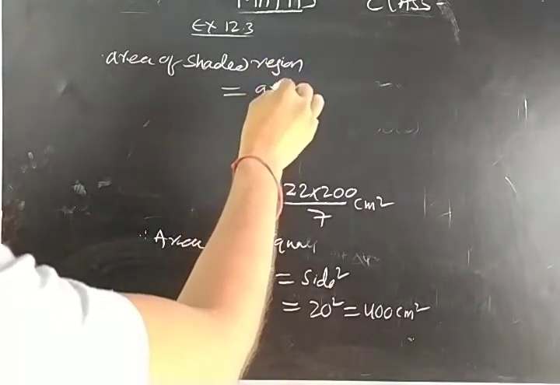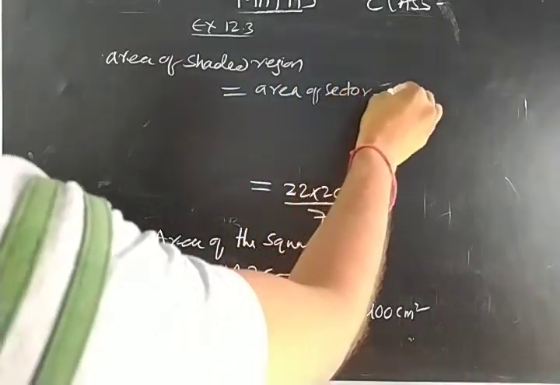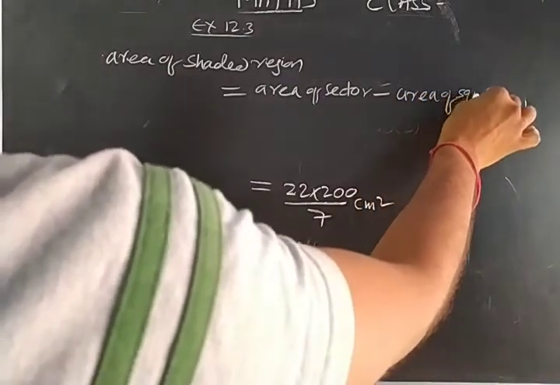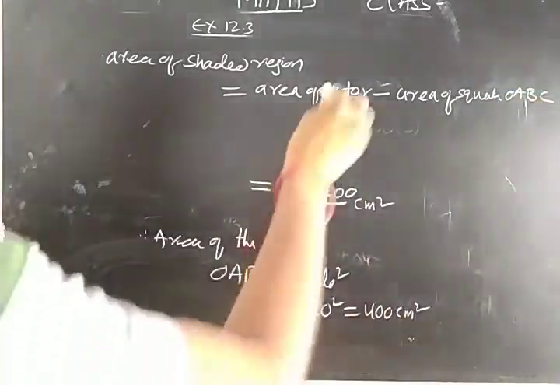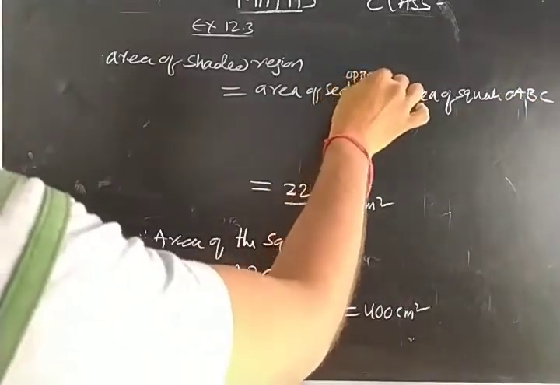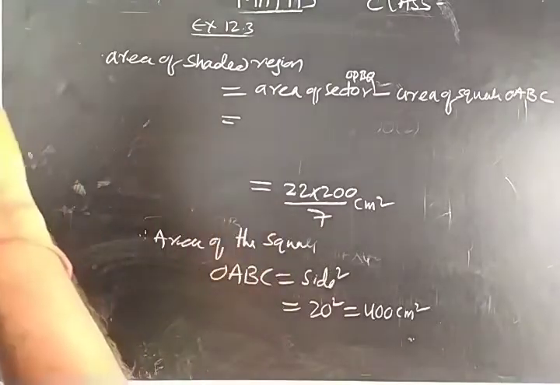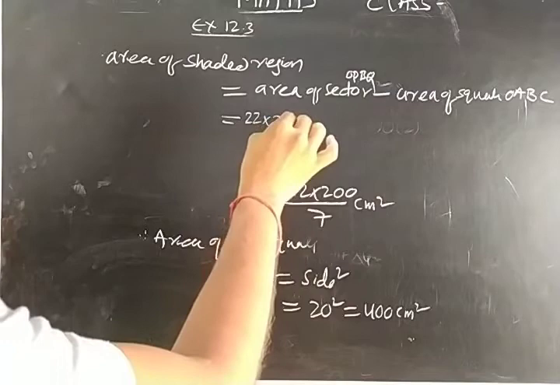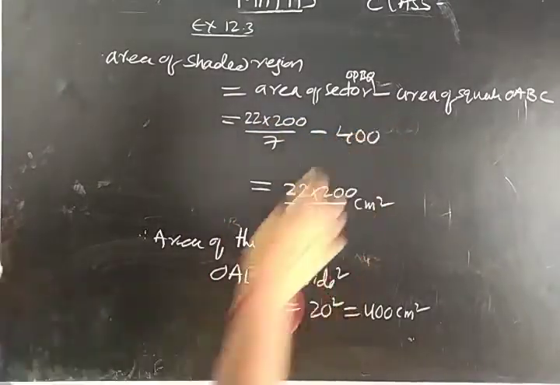From the area of sector OPBQ, subtract the area of square OABC. Area of sector is 22 into 200 by 7, minus area of square 400.